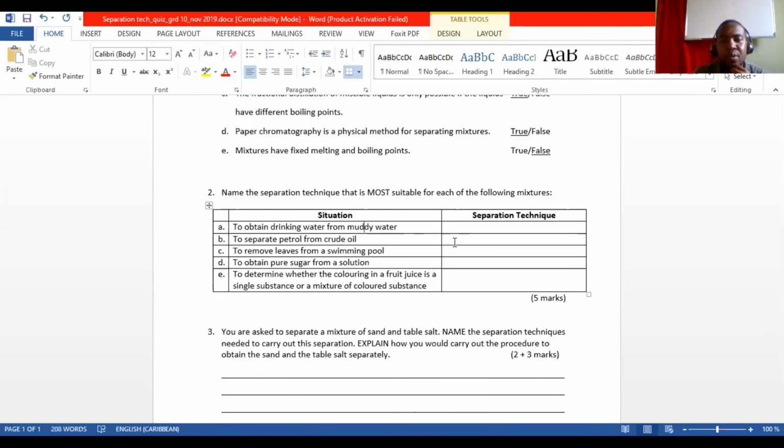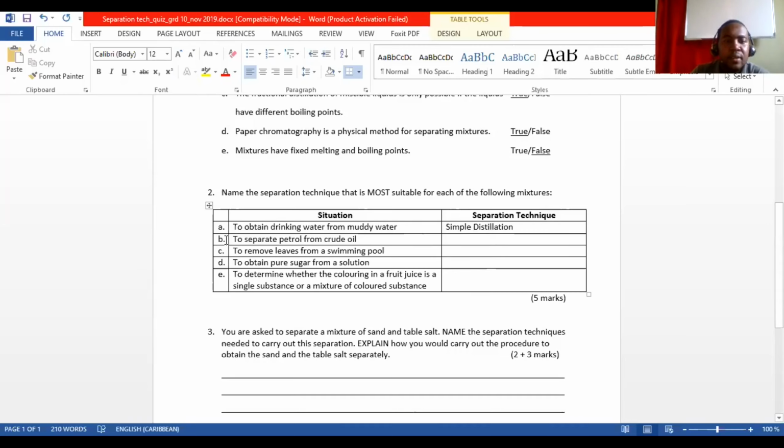The only possible option there would be distillation, specifically simple distillation. Simple distillation will evaporate only the pure water so it can condense for you to drink. That's the best option to get pure water from muddy water.